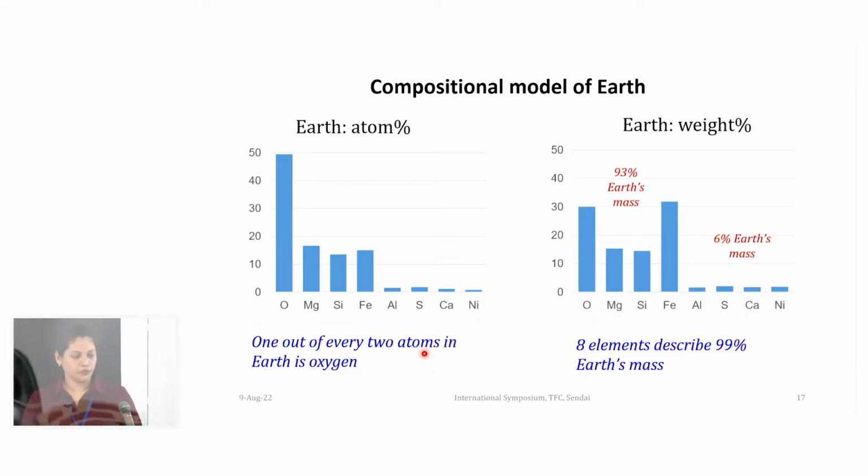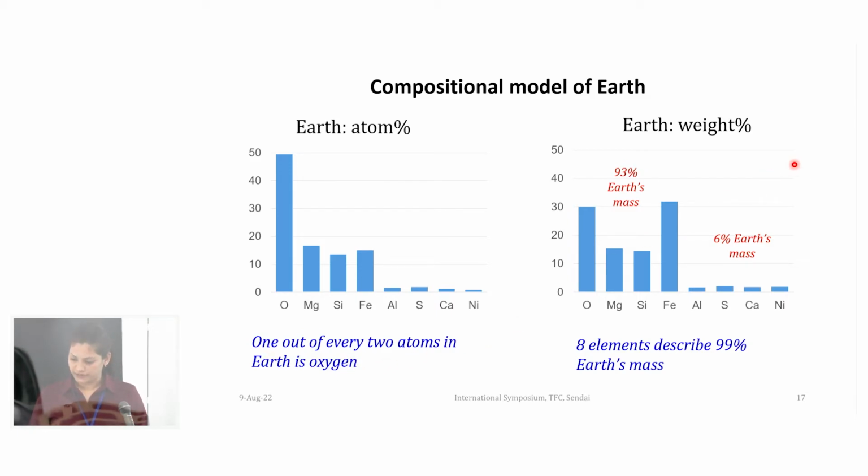So before going into the compositional model of the Earth, let's have a look at the numbers we have for different elements, which comprise the terrestrial part of the Earth. So here, in terms of atom percent, we can see that oxygen comprises about 50% of the total Earth. So 1 out of every 2 atoms in Earth is oxygen.